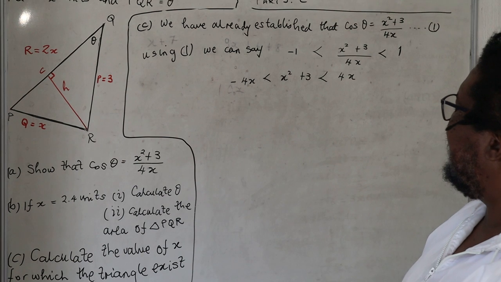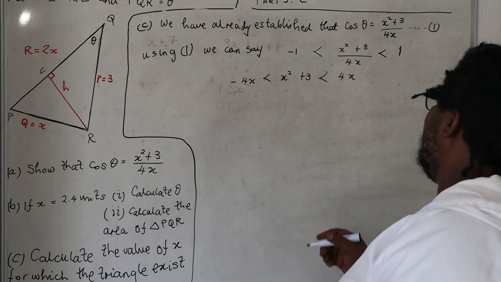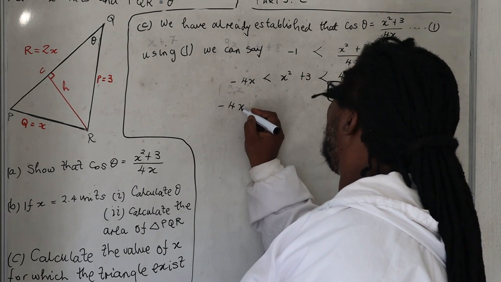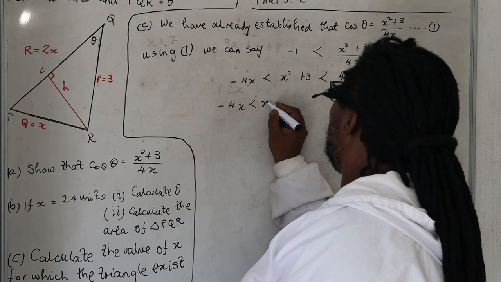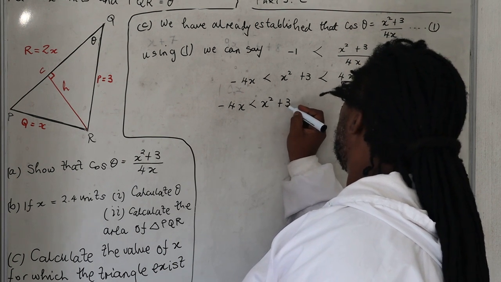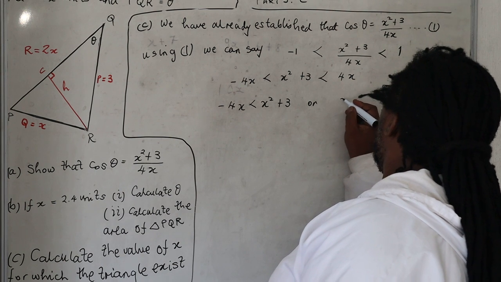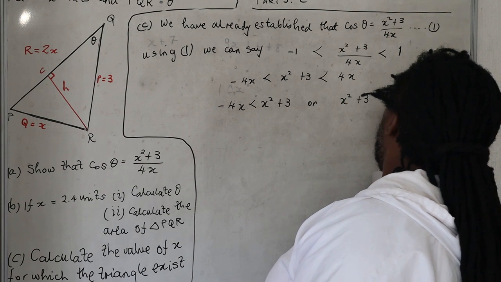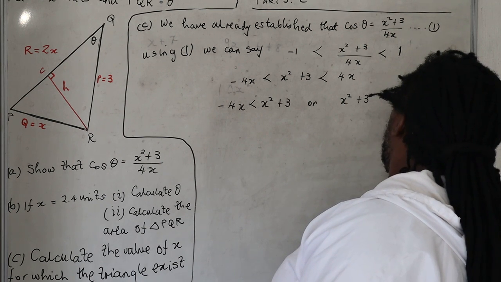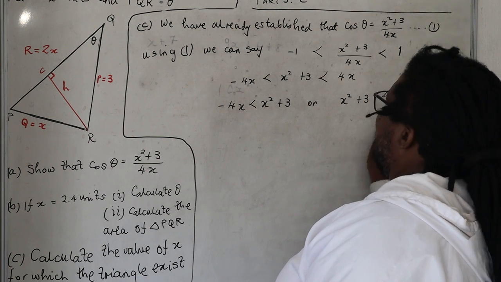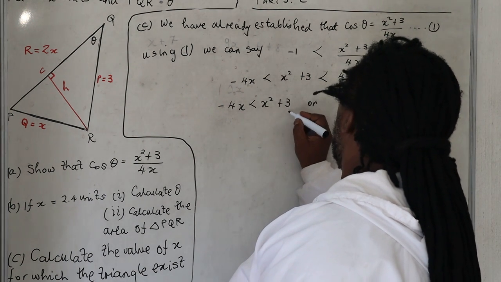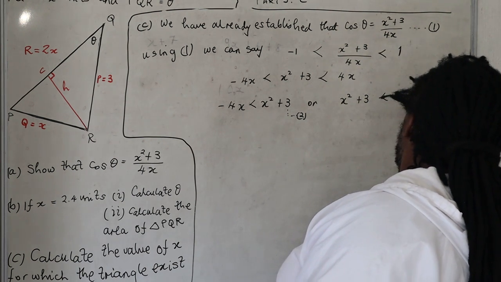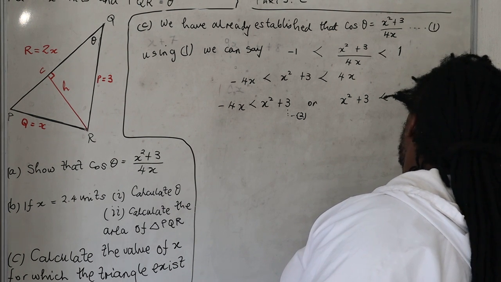Then we can make two inequalities out of these, which are minus 4x less than x squared plus 3, or x squared plus 3 less than 4x. We can call this our equation 2, and we can call this our equation 3.